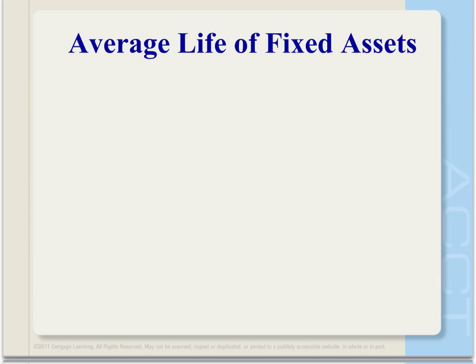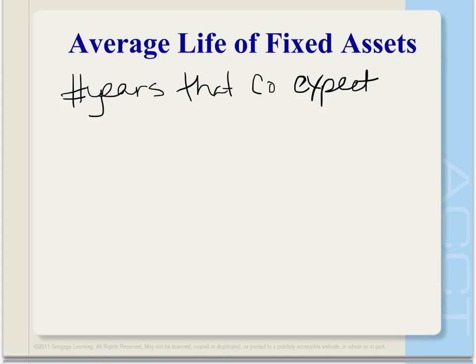So let's go ahead and take a look at what they mean by average life of a fixed asset. So what is the average life of a fixed asset? It represents the number of years on average that the company expects to use its assets.